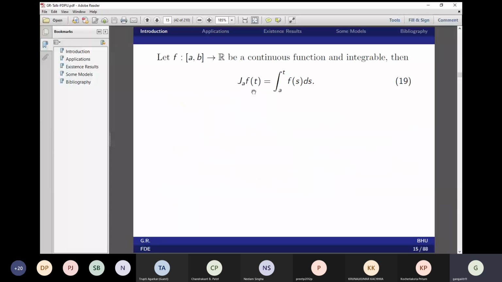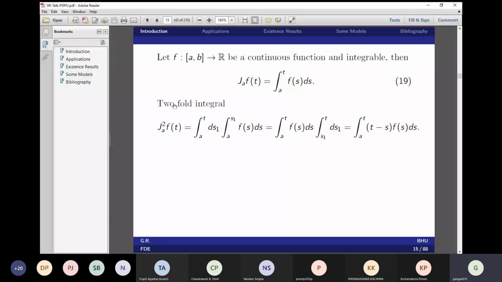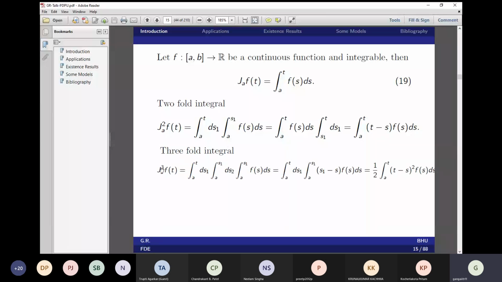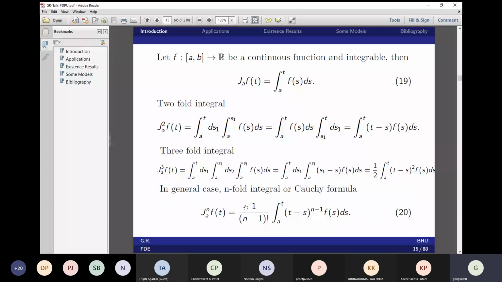The first integral of f(t) is the integral from a, the lower limit, to t, the upper limit, of f. Then the twofold integral of f(t) is the integral from a to t of (t minus s) f(s) ds. If we again take the threefold integral, I will obtain this one. We can continue this process. In the general case, the n-fold integral is given by the Cauchy formula, like this.